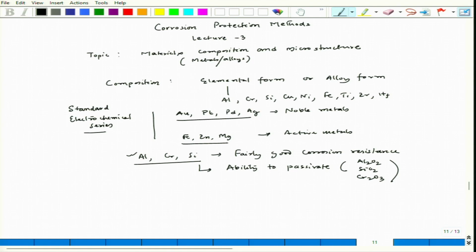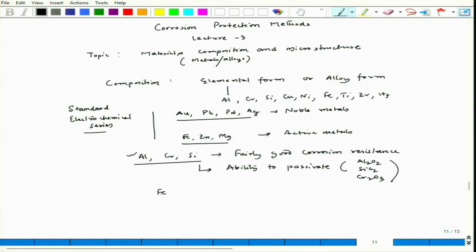In those cases, if we add some elements into the alloy system, we again get fairly good corrosion resistance. Iron can have two states, one is the passivated state, and one is the active state.